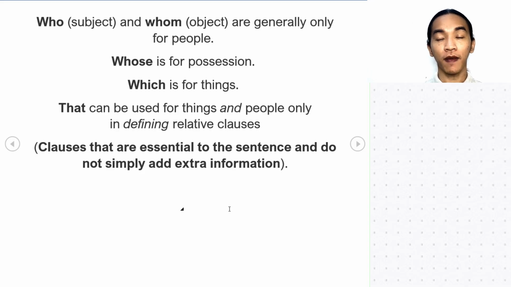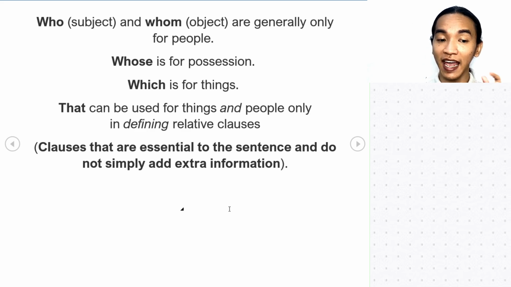So when you are introducing relative clauses that relate to people, then use who or whom. But you have to identify if they are subject or object in this case. Okay? Now, whose is for possession. It introduces a relative clause relating to a possession, and which is for things.